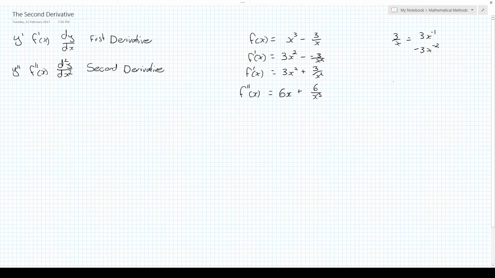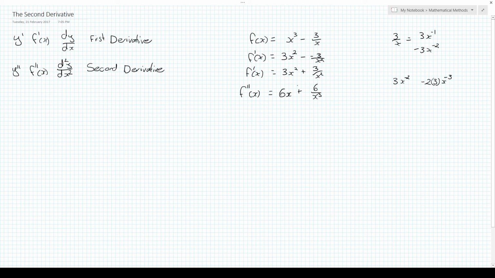I'll work it out over here. So 3x to the power of minus 2 is just this. Take your minus 2 out the front. Minus 2 times 3 times x to the power of minus 3.